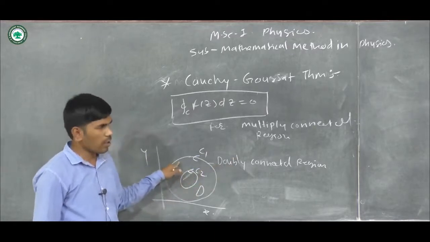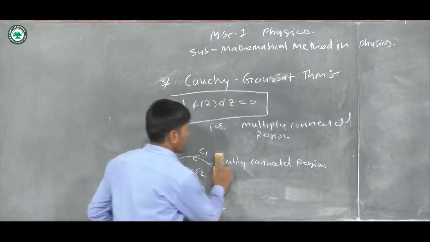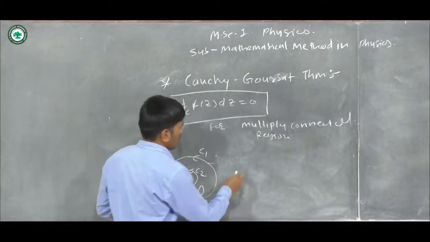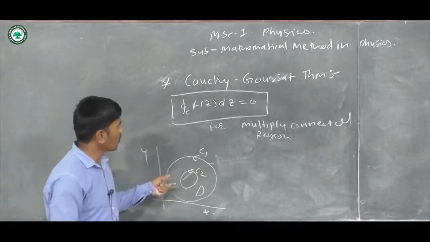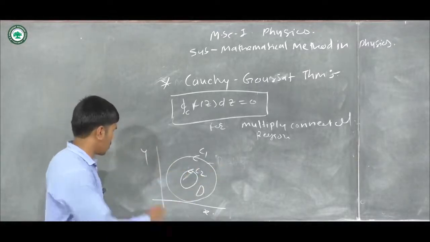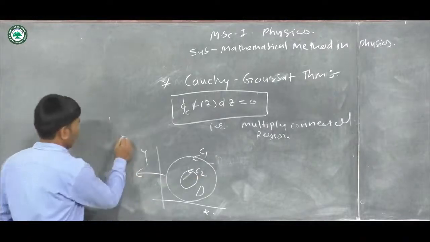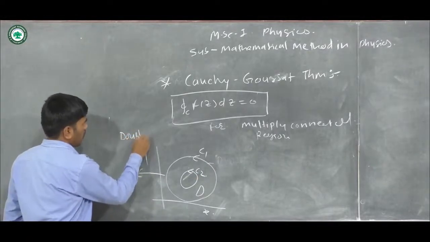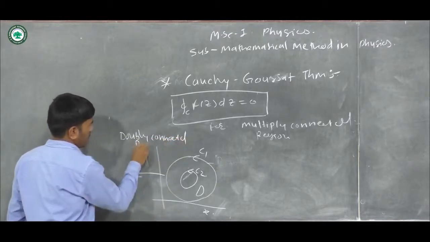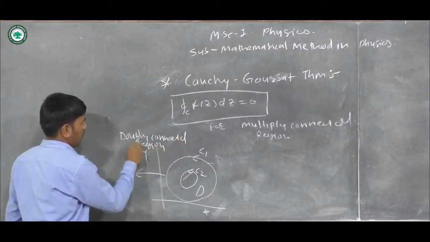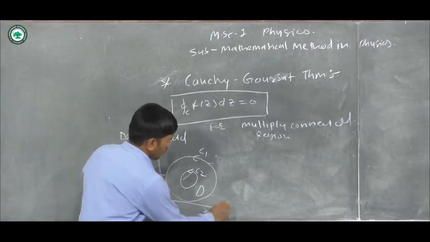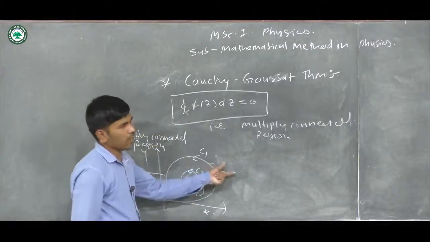So for the doubly connected region, now the procedure is to convert this doubly connected region to a simply connected region.